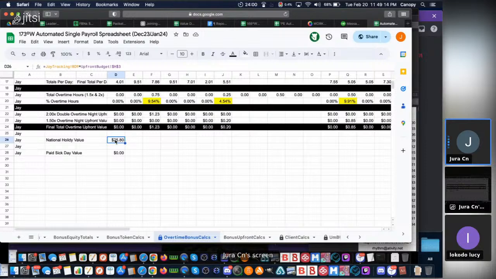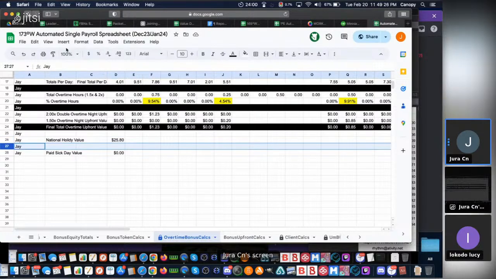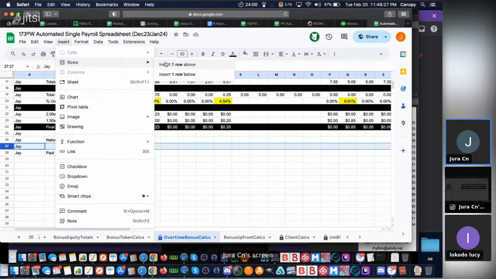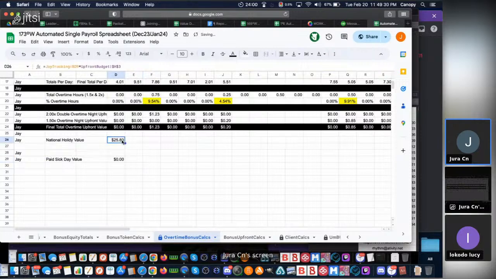So I do believe that the national holiday value is also related to pay stops, and so is the paid sick leave. So I think there is going to need to be one last calculation here, which is daily national holiday value.